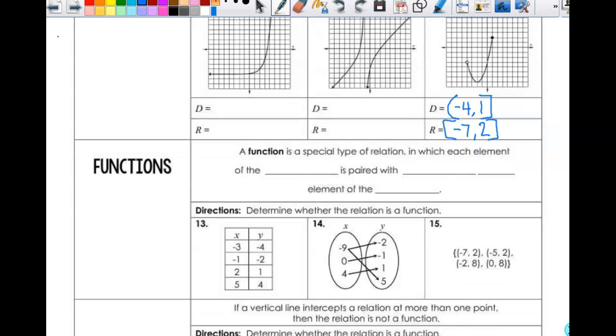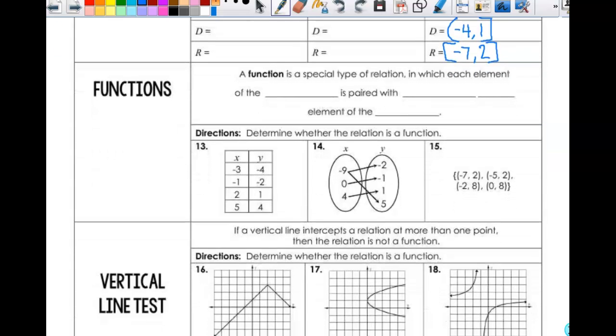Let's talk about functions. So what we've just talked about is a bunch of relations. Some of those were functions. All functions are relations, but all relations are not functions. Okay? So a function is a special type of relation in which each element of the domain, so your x's, is paired with, here are two really important words, exactly one element of the range, which is your y value.